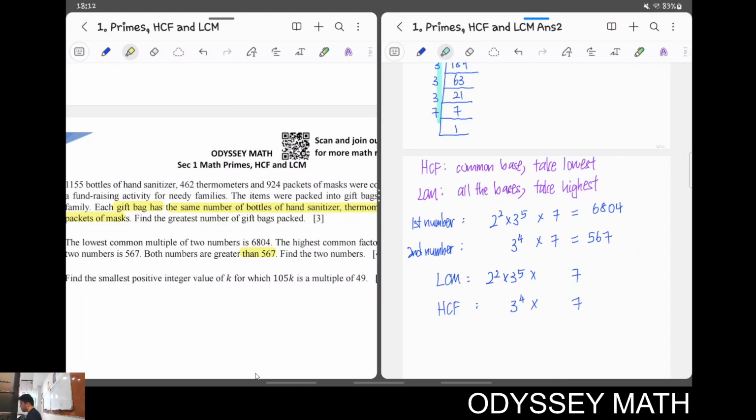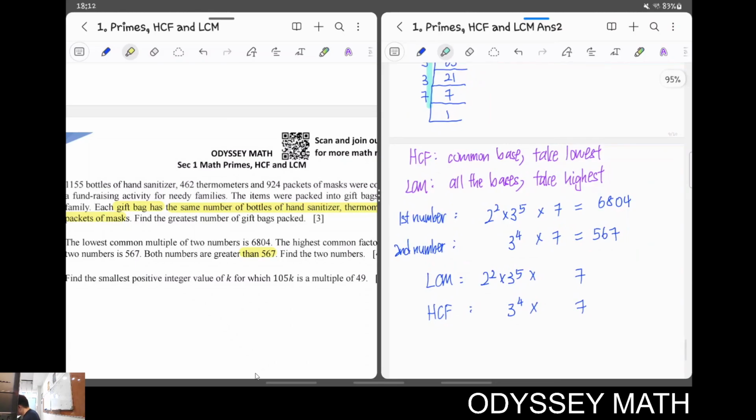I'm going to tell you how. Let's look at these two numbers over here. What we are going to do is swap these two numbers.